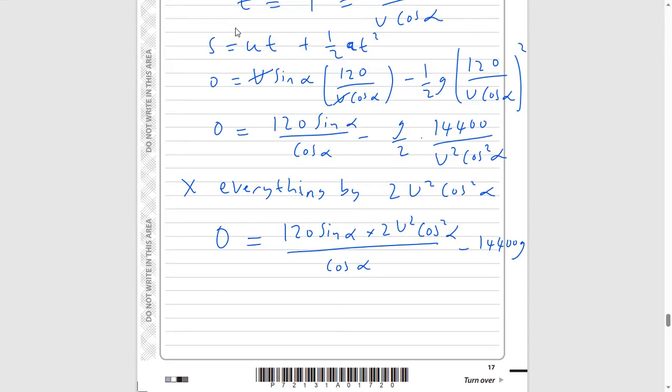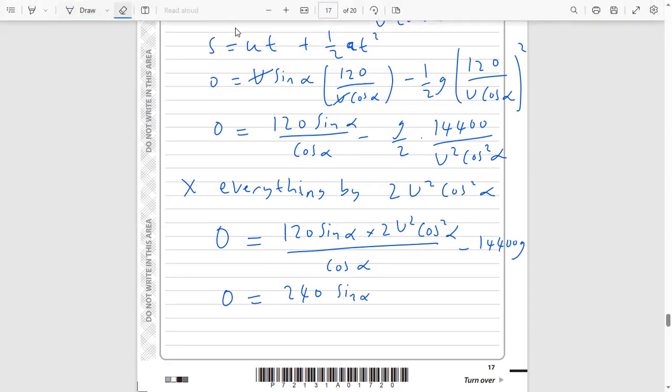I'm going to simplify this a little bit further. So we get 0, and then 120 times 2 is 240. So 240 sine alpha. I'm going to write the u squared at the start to make it look neater, a capital U. So 240 U squared sine alpha cos squared alpha, all divided by cos alpha, and then take away this 14,400 g.